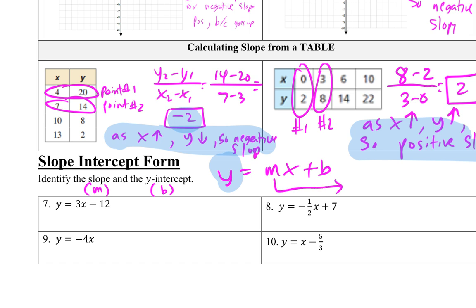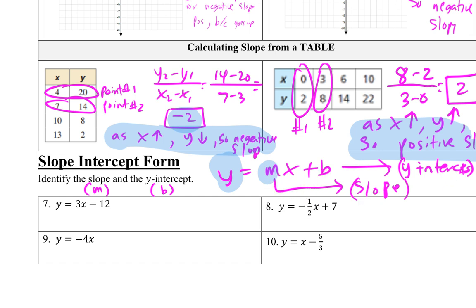So m is always going to be our slope, right? And then b is always going to be our y-intercept, right? Okay, so we're just going to look in front of the x, right? In front of the x is always the slope. The y-intercept is by itself.